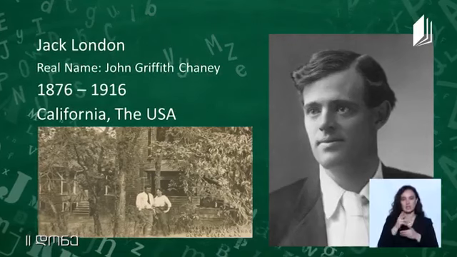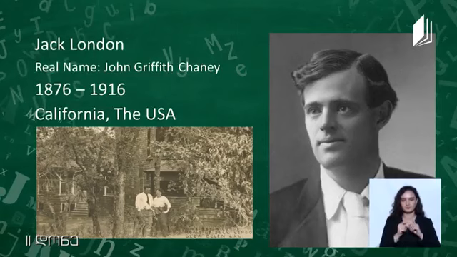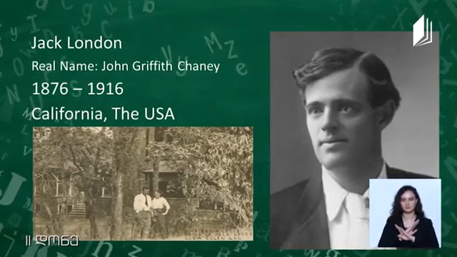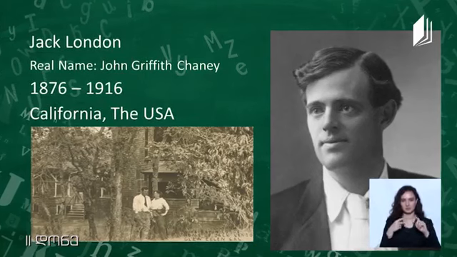And you might remember this author from a few weeks ago when we talked about another one of his books, The Call of the Wild. Indeed, it is Jack London, an American from the state of California, born in the late 19th century and dead by the first decades of the 20th century.